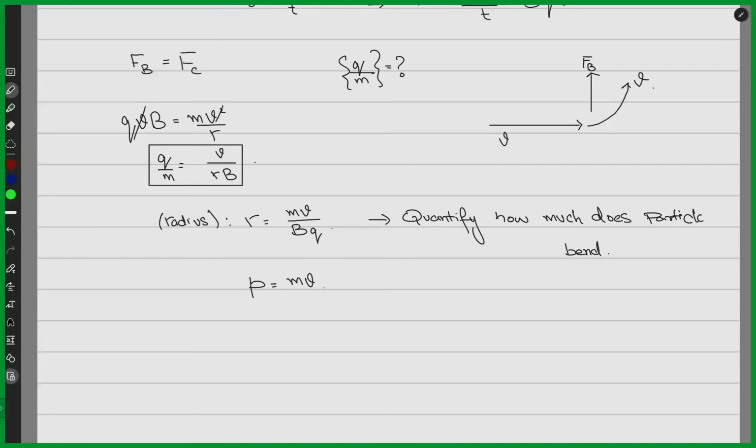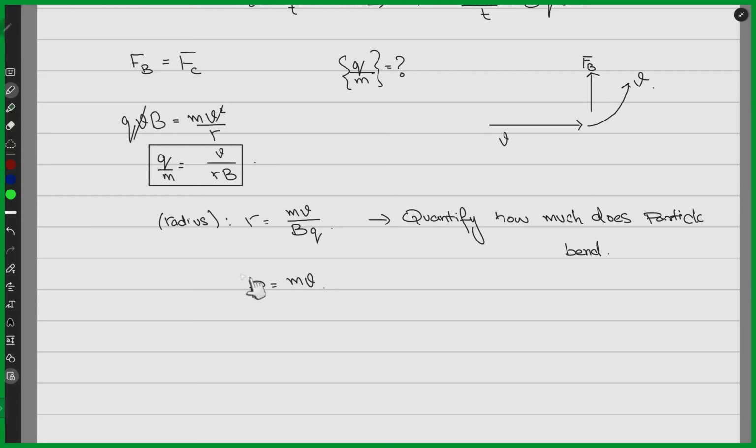I keep saying linear momentum because there is another type of momentum, the angular or rotational momentum, associated with rotational motion. Even though the particle is moving in a circle, there will obviously be some angular momentum as well, but we do not discuss it in this syllabus.